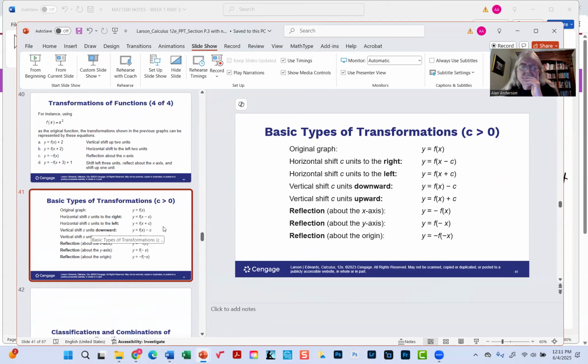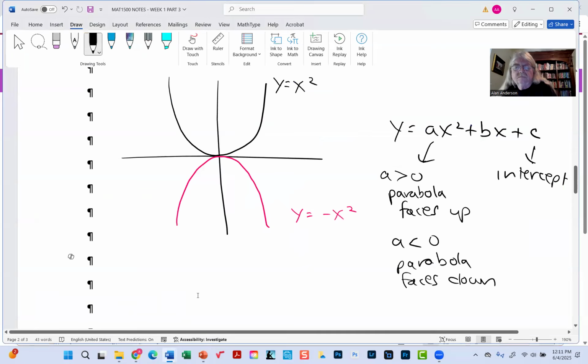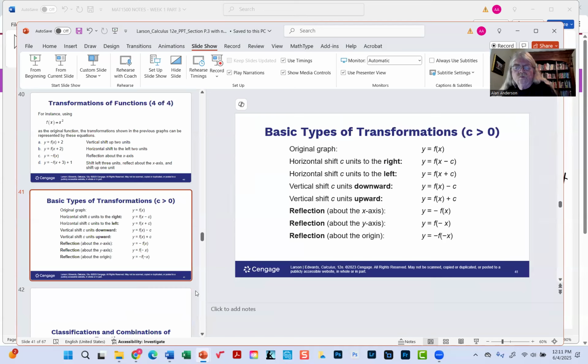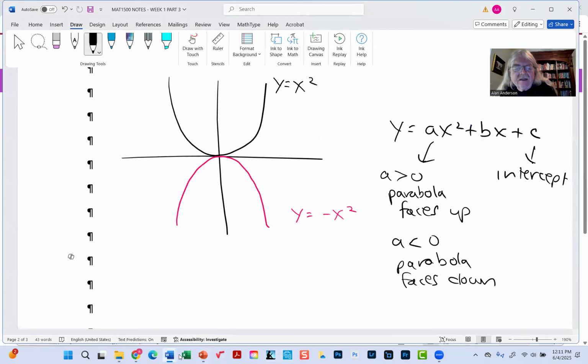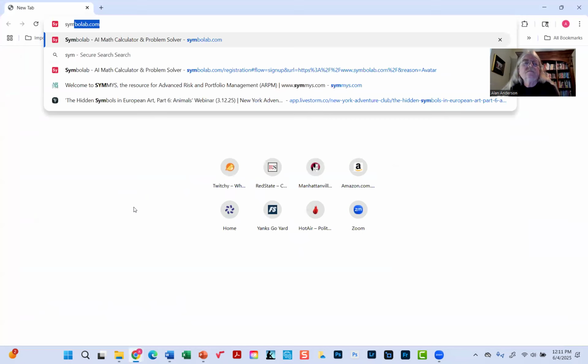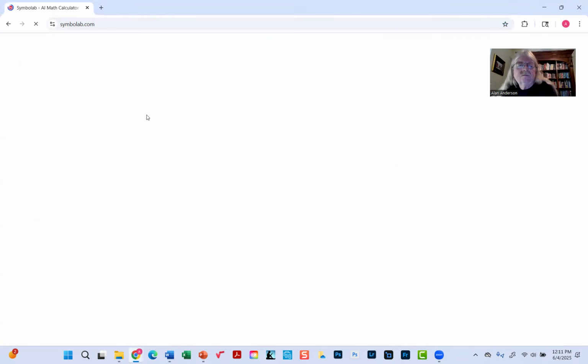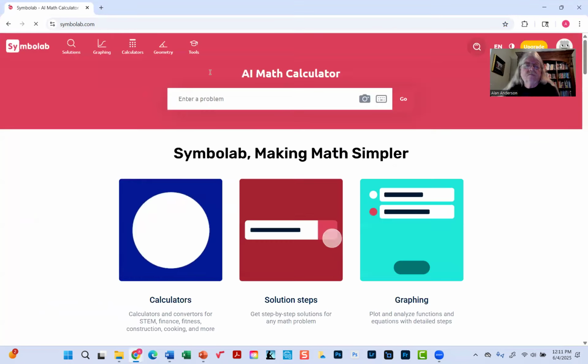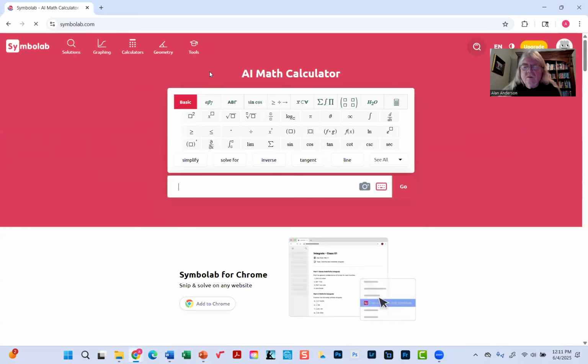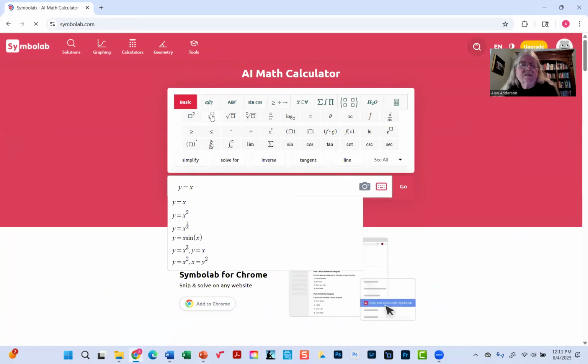If you had, yeah, maybe I don't want to. Let me just go to Symbol Lab and see if I can create an example of this. Well, we know what y equals x cubed looks like.